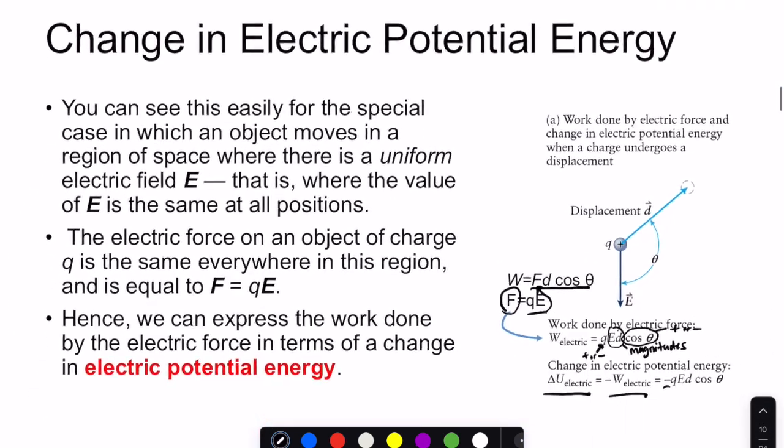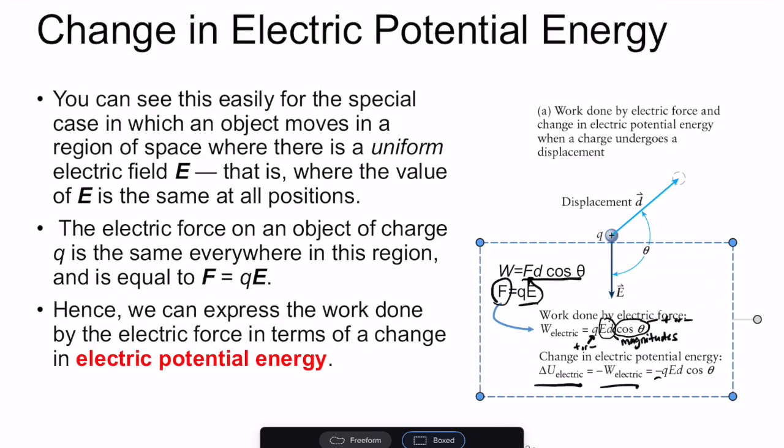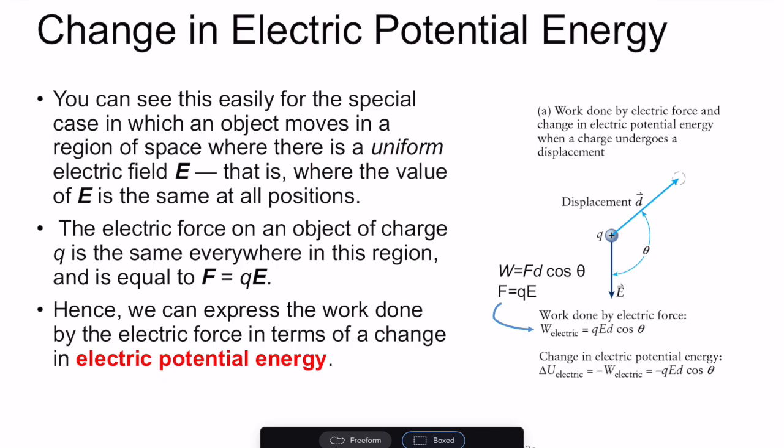So let's bring up that definition again of work done, right? The work done by a force to move a particle some distance d at any angle with respect to that force vector is F D cosine theta.